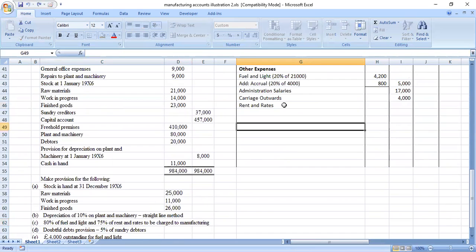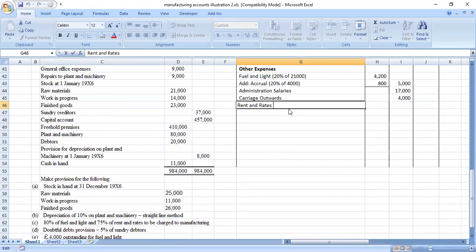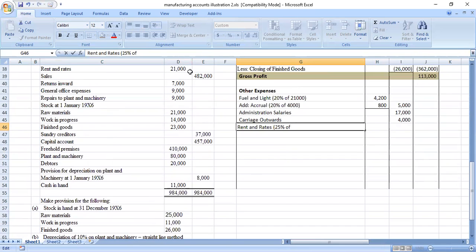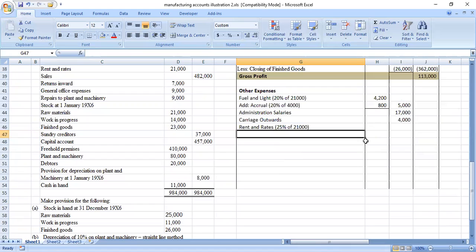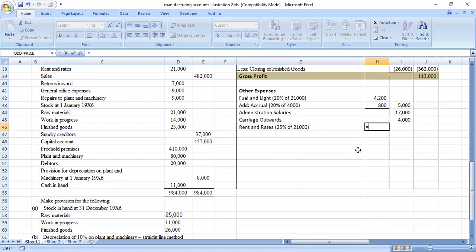So 25% of 21,000, that is 0.25 times 21,000, which is 5,250.